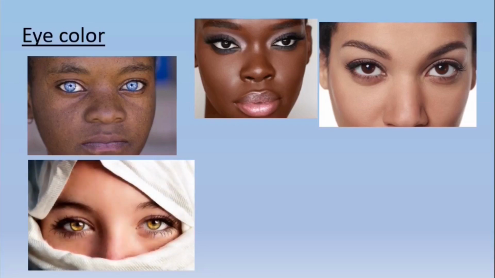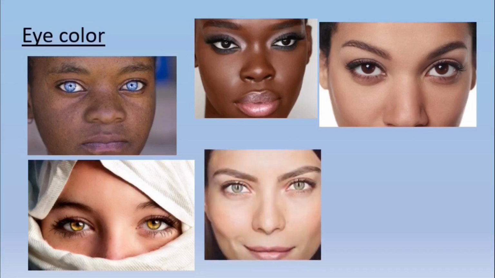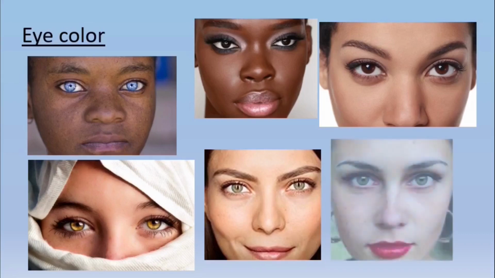Amber eyes. Her eyes are amber. Hazel eyes. Her eyes are hazel. Hazel is a mixture of brown and green. Green eyes. She has green eyes. Her eyes are green. Of all the eye colors, green is the most rare color.